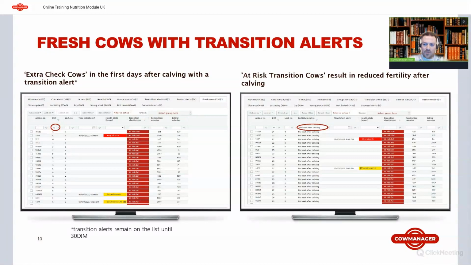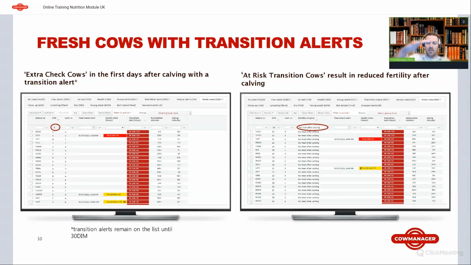So what does lameness do? Is it a transition alert or is it a health alert? That depends per cow, because that depends on how bad the lameness is. So if you look at the mobility score, score 0, 1, 2, 3, or locomotion score 1, 2, 3, 4, 5. If they go immediately from healthy to severely lame, that will probably be a health alert. But in most cases of lameness, there's a gradual deterioration, and that will, in most cases, show up as a transition alert first.